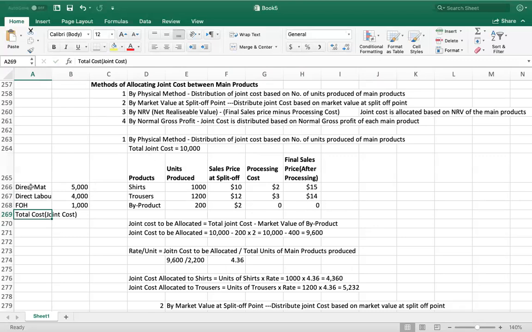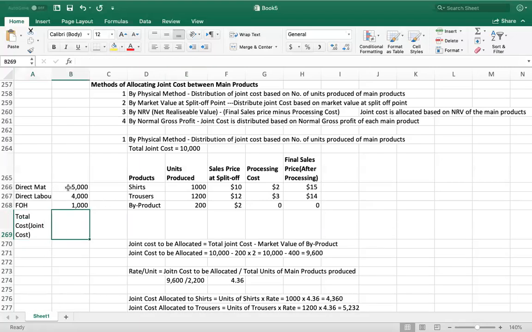If he does not, then he will give you these three elements: direct material, direct labor, and factory overhead. You will add all these three elements, so this will give you total cost. Total cost means total joint cost. Sometimes he will give it directly, so no need to calculate. If he does not give you joint cost, he will give you the three elements, and you add them to get the joint cost.